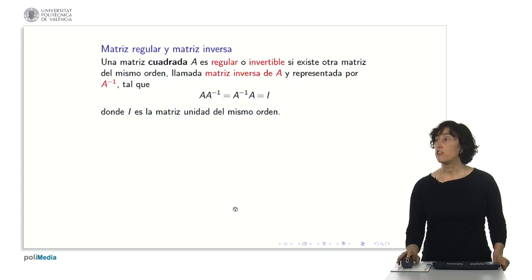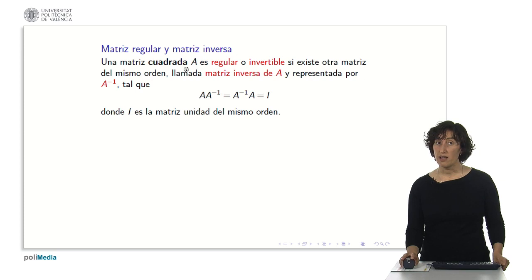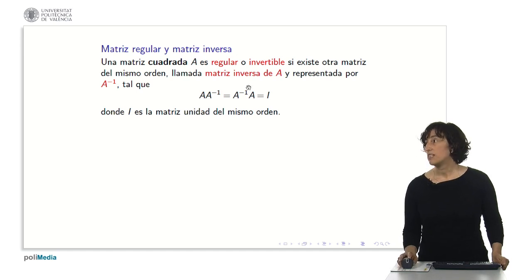Well, in general, for a square matrix A, we will say that it is regular or invertible if there is another matrix of the same order, which is called the inverse matrix of A, and which we represent by A raised to -1, which fulfills that A times A raised to -1 is equal to A raised to -1 times A, and is equal to the identity matrix of the same order. That is, in this case, the product is commutative.